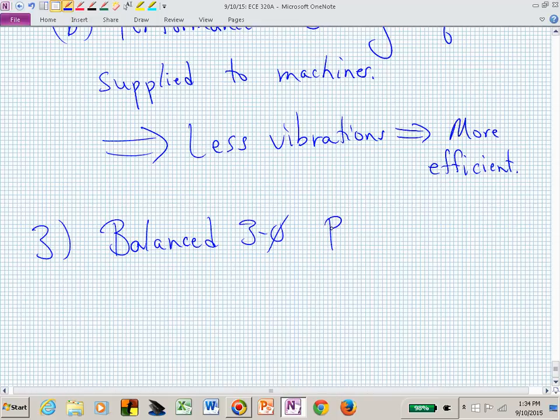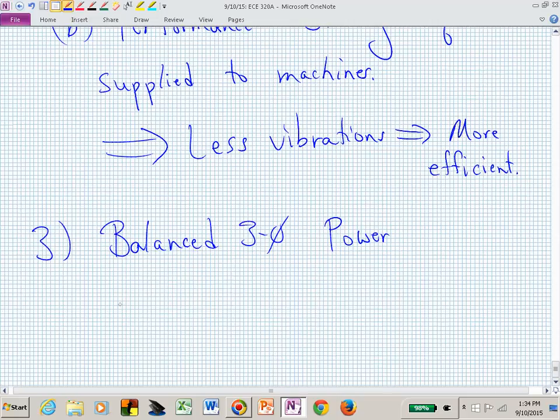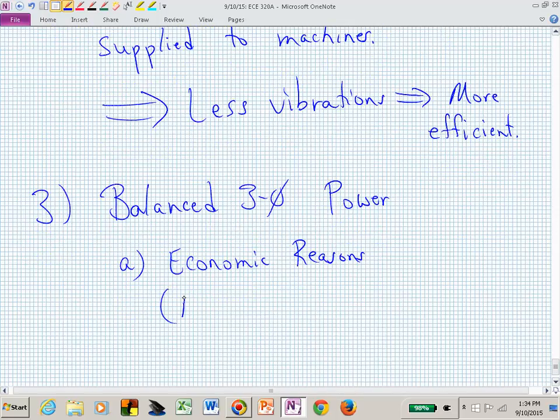So with balanced three-phase power, we actually are looking at, again, economic reasons. Because actually there will be no current flowing in the neutral conductor when everything is balanced. And if there's no current flowing in that wire, there's no I squared R loss, so there's no power lost in the neutral conductor.